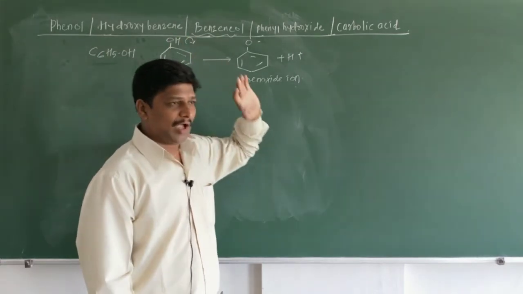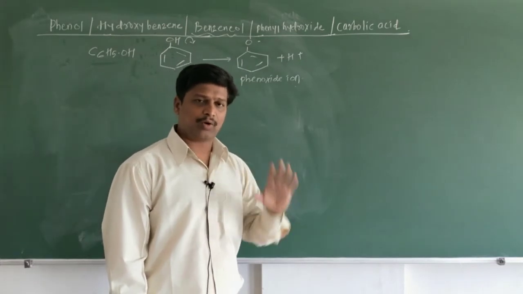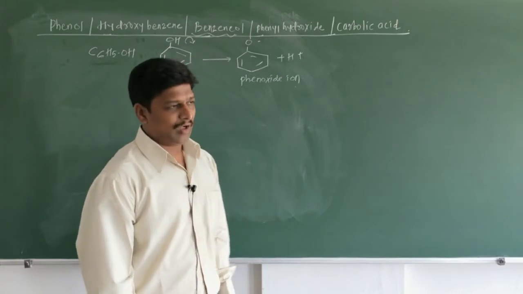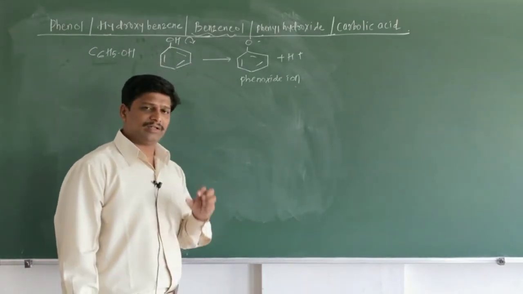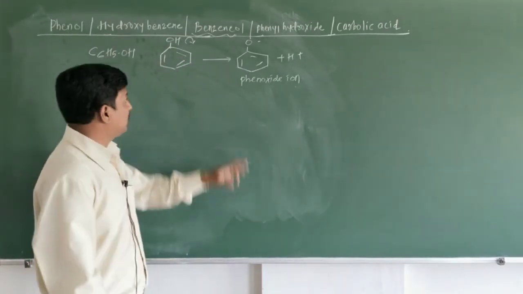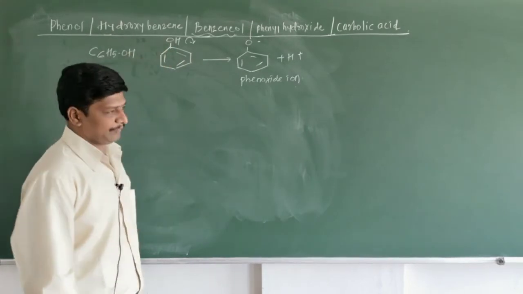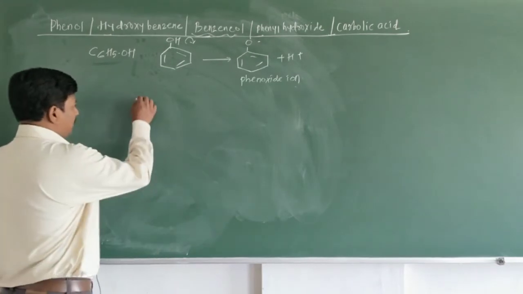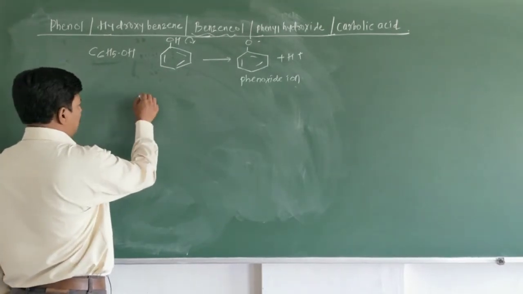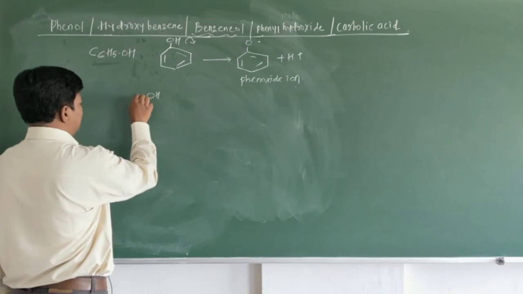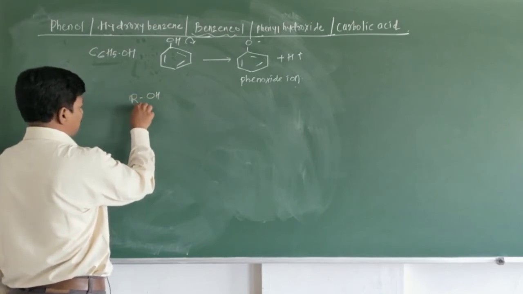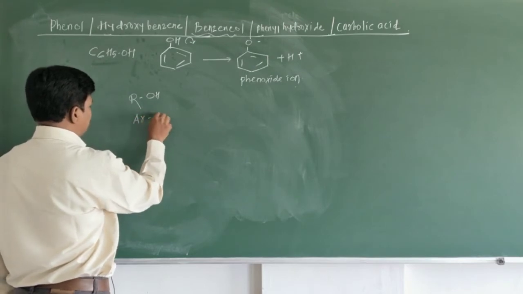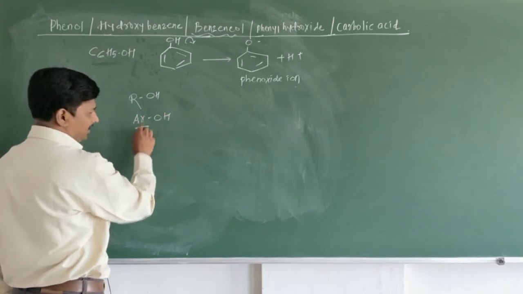But in alcohols, the OH hydroxyl group is not directly attached to the benzene ring. Of course, alcohols and phenols both contain an OH hydroxyl group, but this is the difference. In alcohols the OH group is attached to alkyl groups, but in phenols the OH group is directly attached to the aromatic ring.